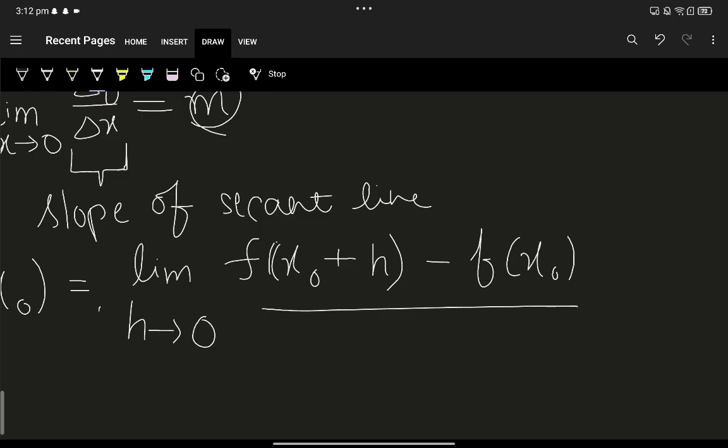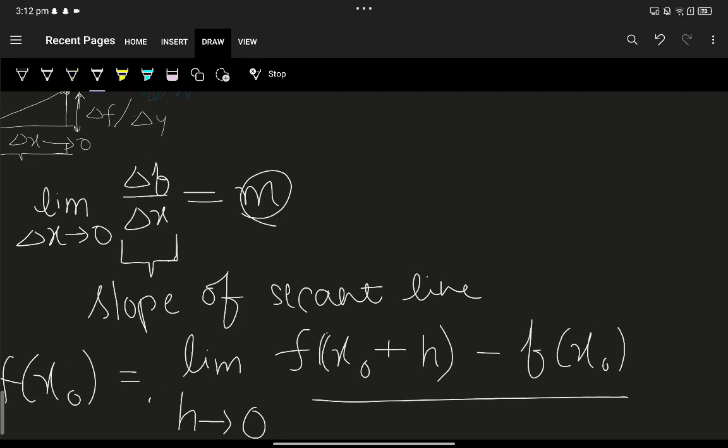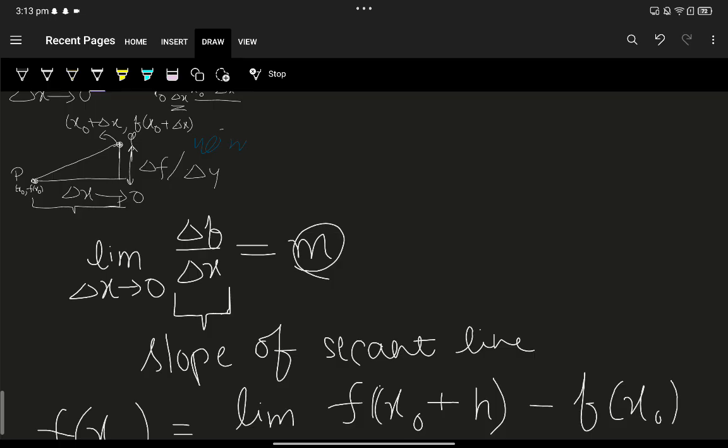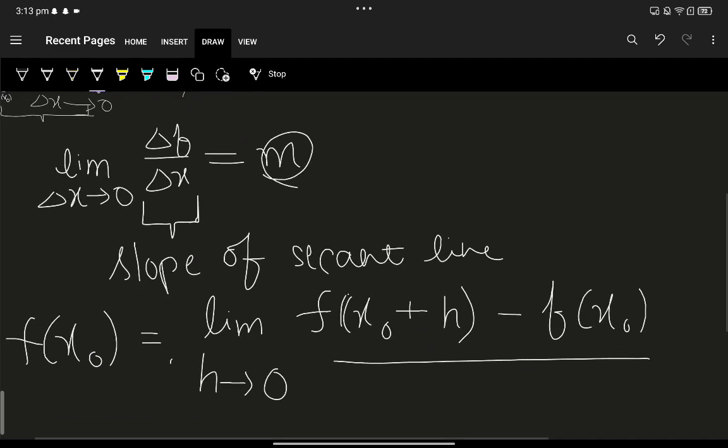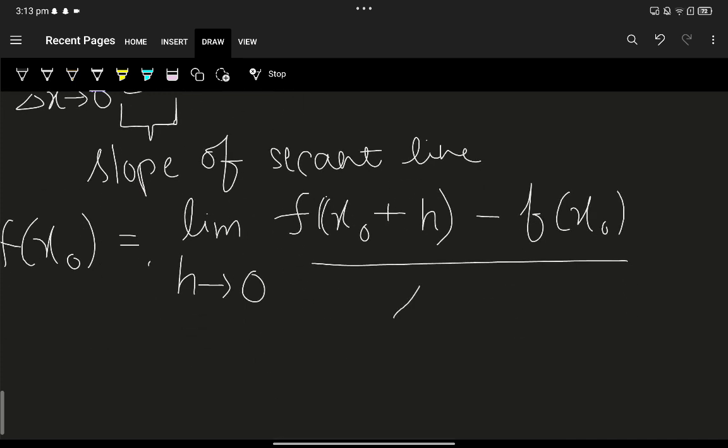What is delta f? It is basically the change in the value of the function, the change in y. We represent that change as f of x naught plus h, the new value, minus the initial y value, that is f of x naught. And we divide the whole expression by the change in x, delta x, which, as I said, is replaced by h, so divided by h.